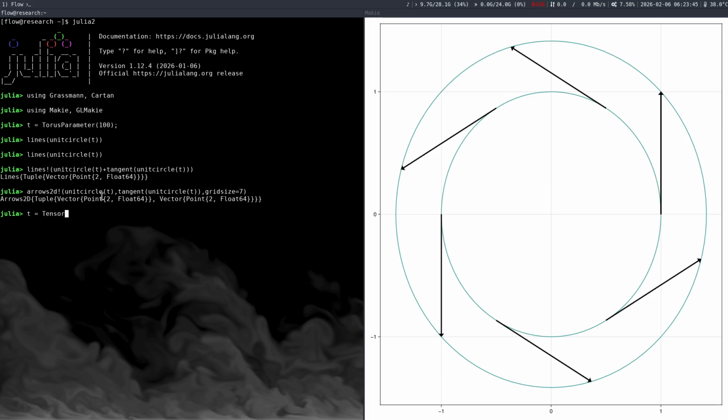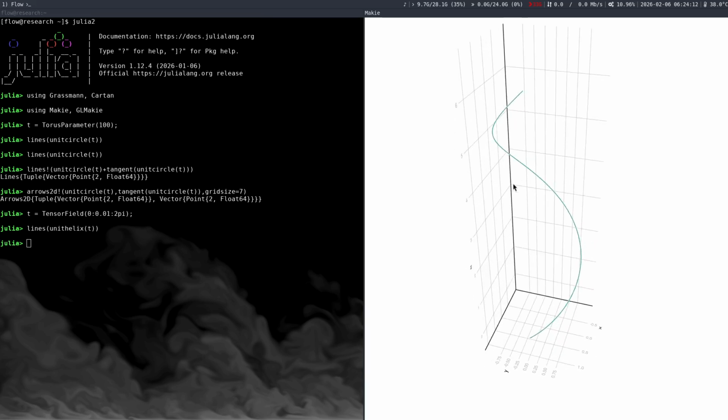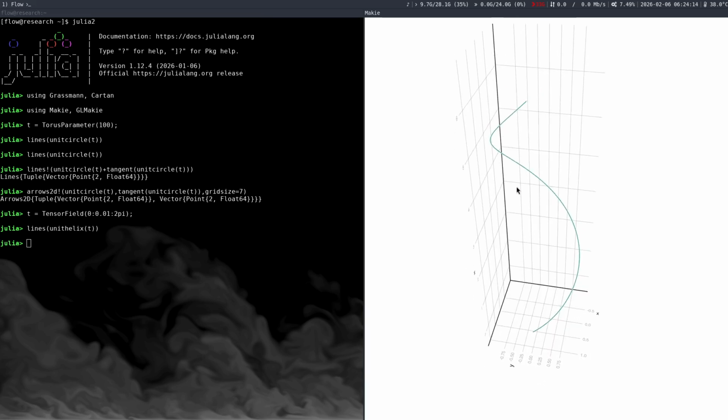For example, let's take the parameter from 0 to 2 pi. So this is the unit helix.